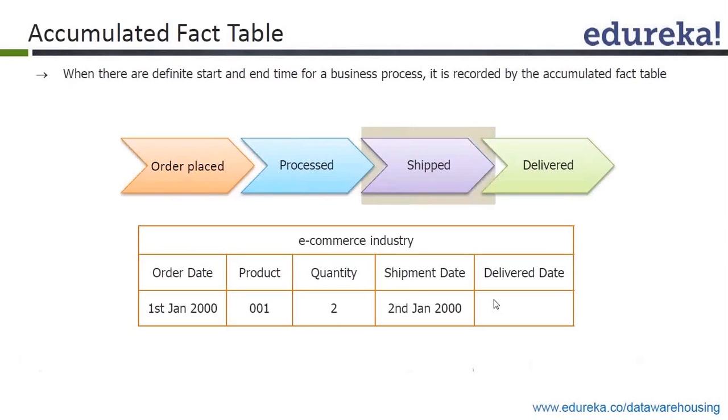As soon as the product is shipped, the shipment date will be populated, which is 2nd of Jan 2000. And as soon as the product is delivered, the delivery date will be populated. So this particular fact table which accumulates the data as the business process goes on is called an accumulated fact table. It's about the fact tables.